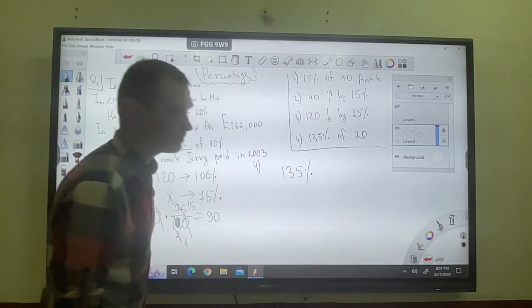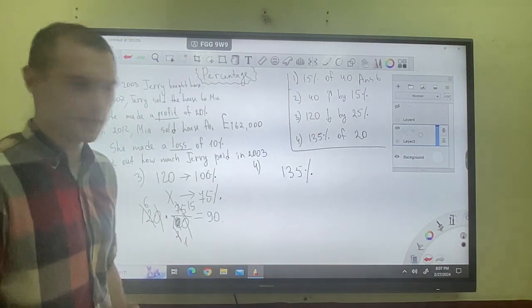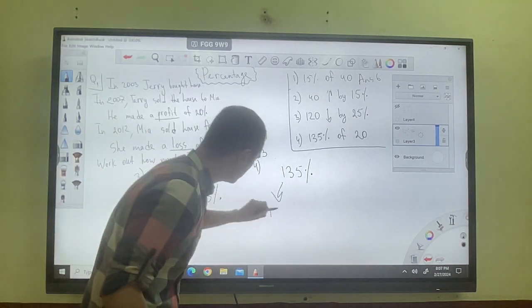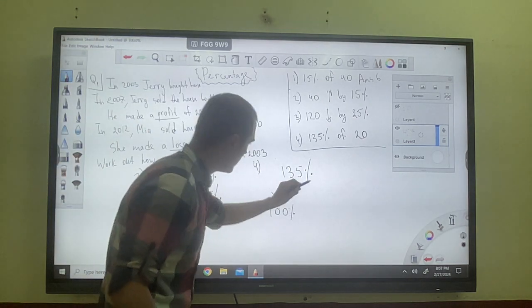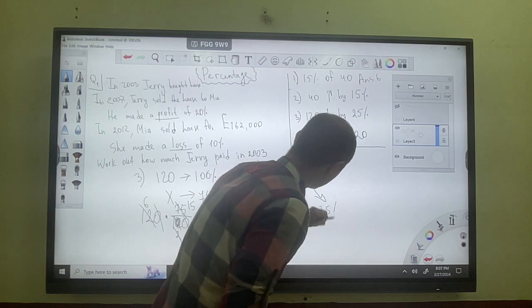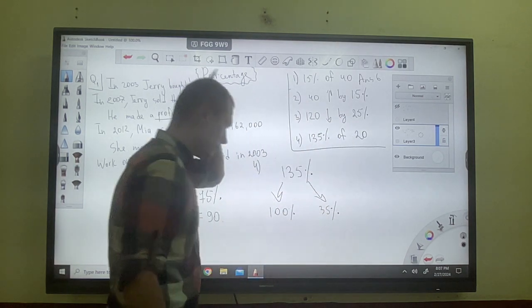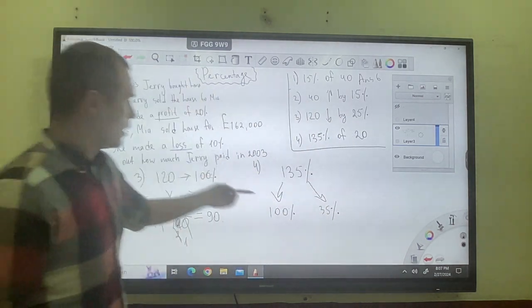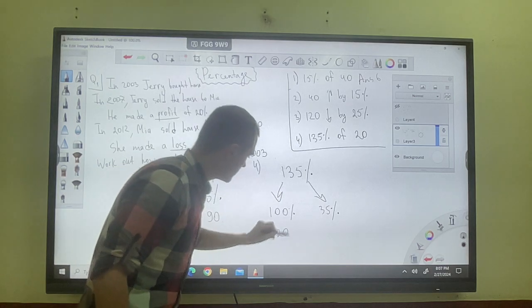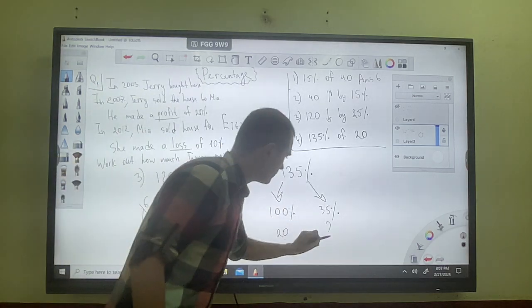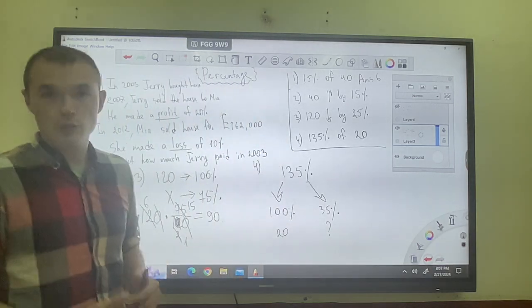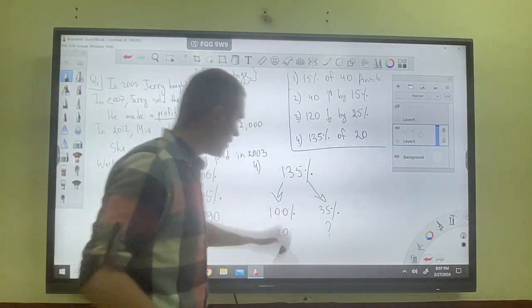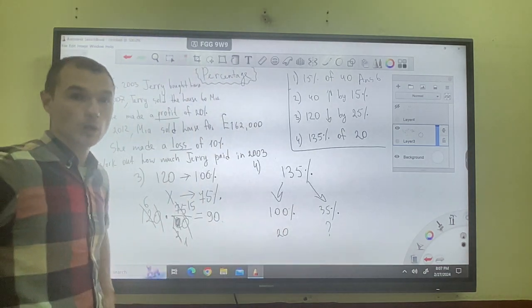But 135 is based on what? 100% and 35. And what comes to my mind here? 100% is 20, and 35 we don't know yet. So what we should do is find out the 35%.